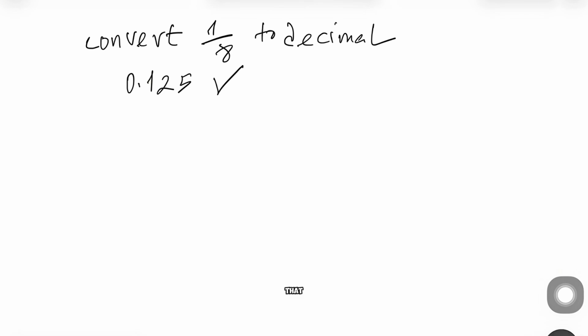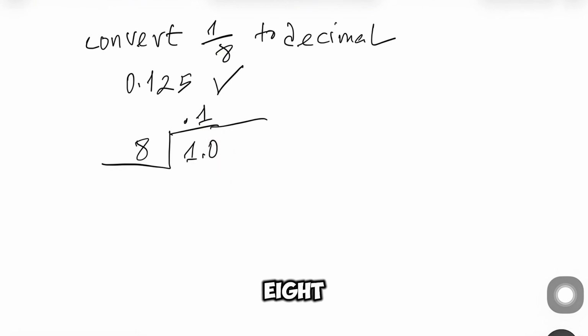Let's see how we solve that. So we have 8 over here and 1 here. So 1 cannot definitely divide 8. So we put a decimal point and a 0 here. 10 divided by 8, we have 1 there, which is 8 in 10. So 1 times 8 is definitely 8. So we subtract that, and we have 2. 2 cannot divide 8, so we put a 0 over there. 20 divided by 8 is going to give us 2.